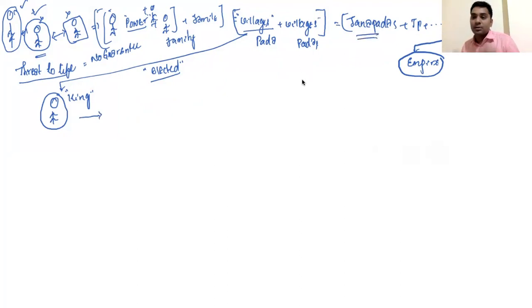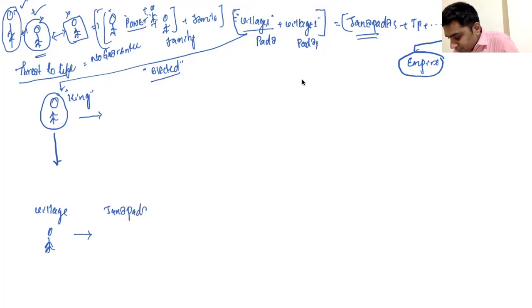When it is Pada, one person used to look after us. But when we entered into Janapadas, as the number of people increased, look at when the king was first formed, you had only a village full of people. Now, as we move from village to Padas to Janapadas, it is a group of villages.